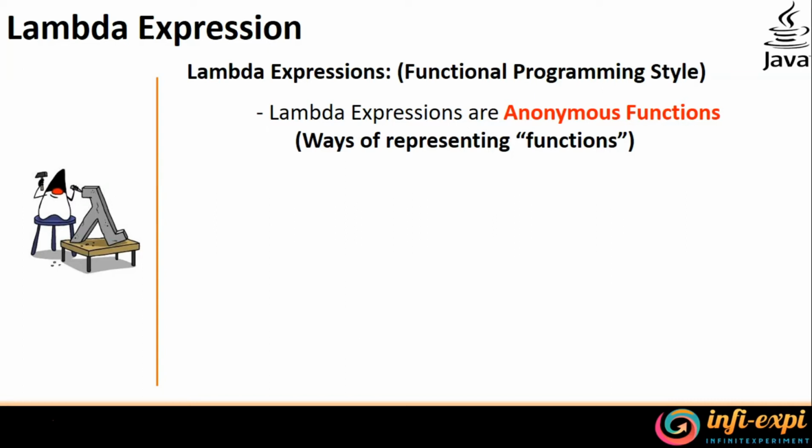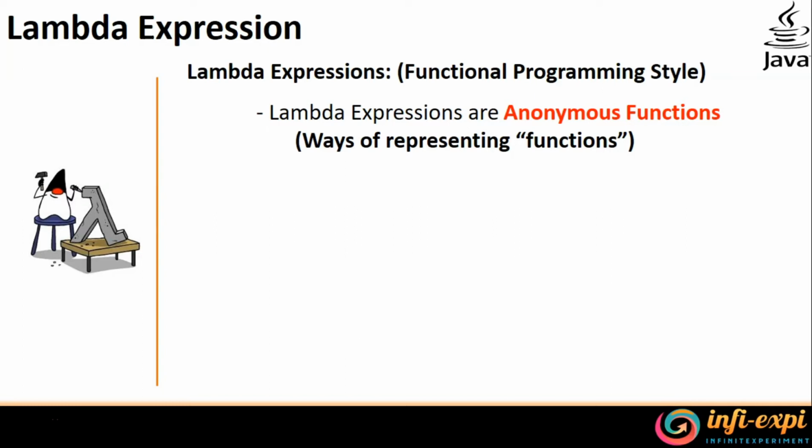Is there any relationship with anonymous inner class? Yes, of course there is a relationship with anonymous inner class because your anonymous inner class code is what we are going to fine tune to an anonymous function. So that's the reason that we have studied more in detail about anonymous inner class so that we can sync here when it comes to the anonymous functions, as we technically call it as a Lambda expression.